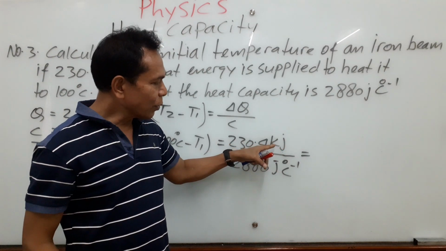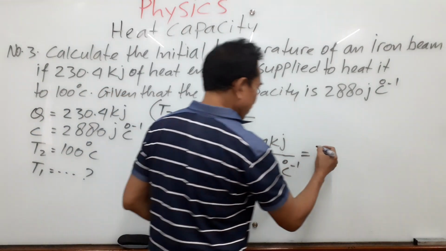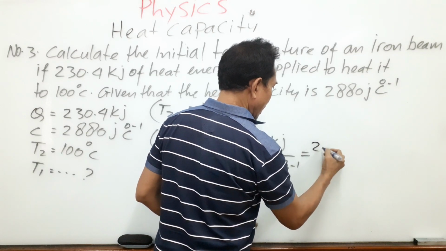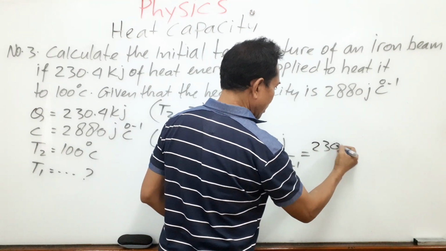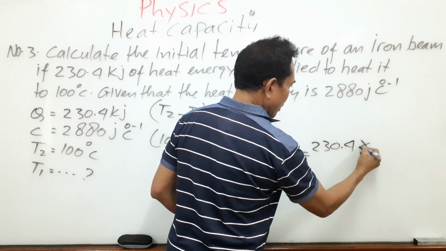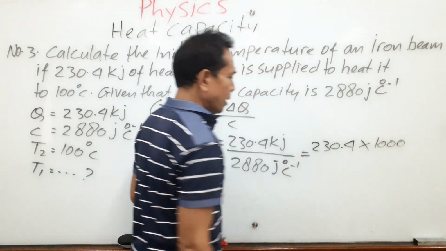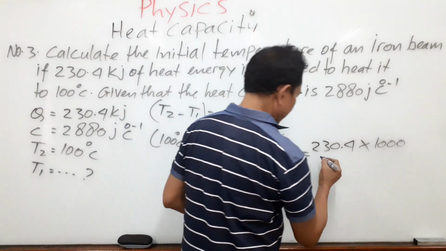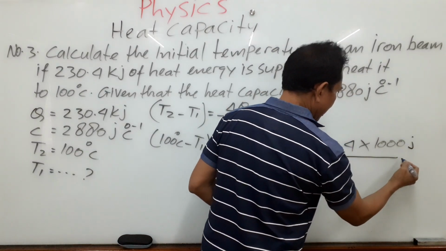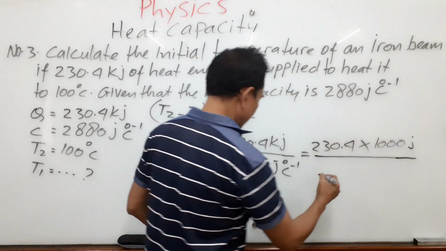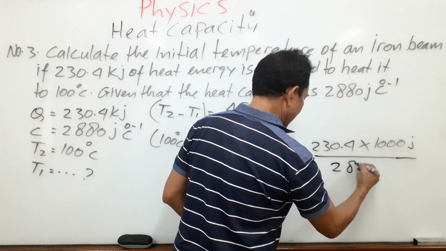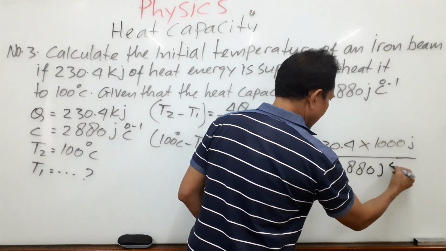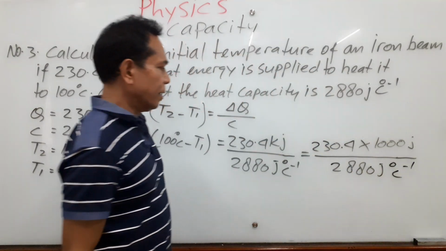This is kilojoule, we want to convert it to joule. So 230.4 times 1000 J over 2880 J degrees Celsius power minus 1.